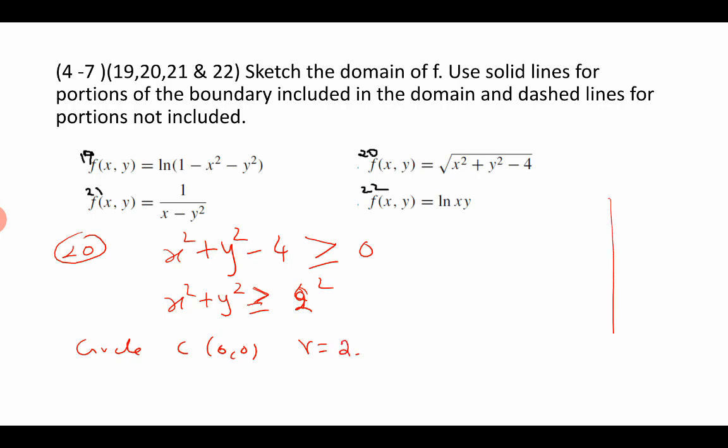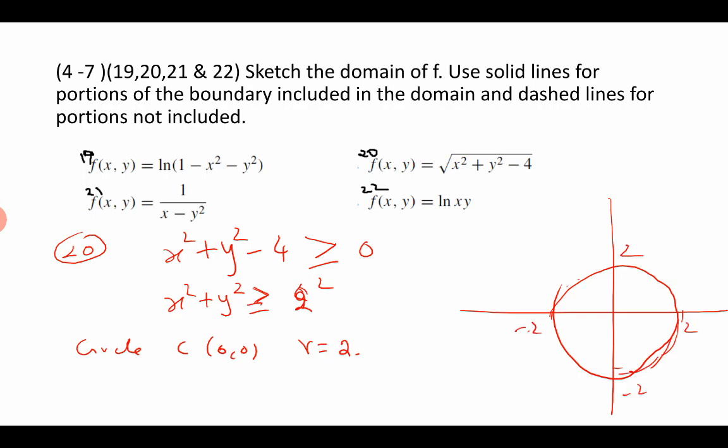So when we draw such a circle with radius 2, roughly this is 2, negative 2, 2, negative 2. I use a dark line because equality is available here. In the previous problem it was not a dark line, it was a dashed line, dotted line.